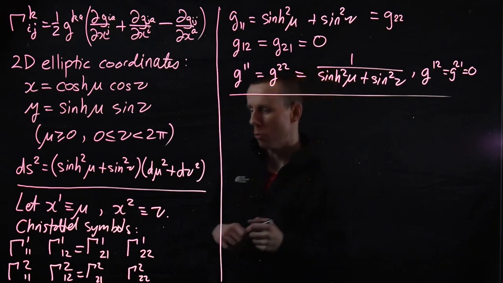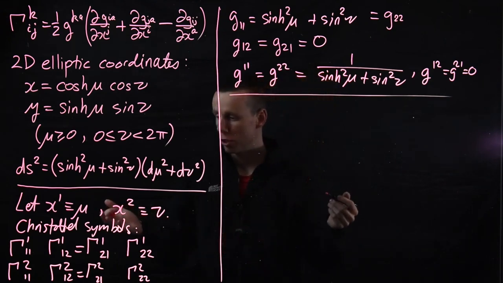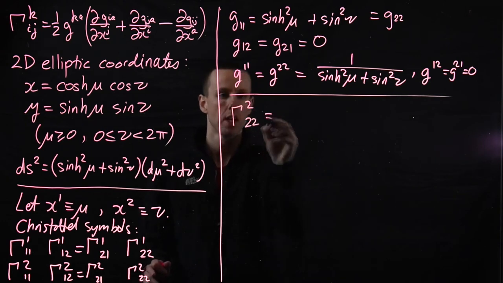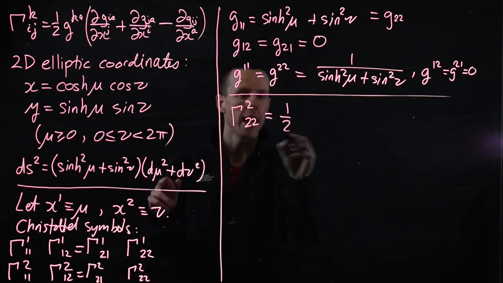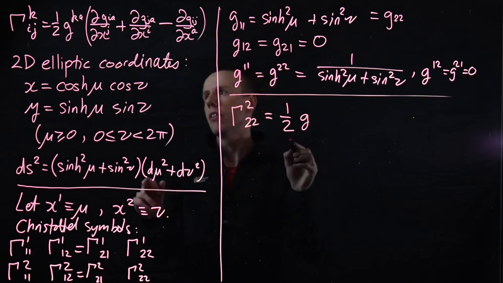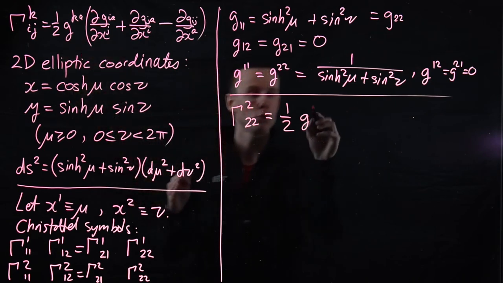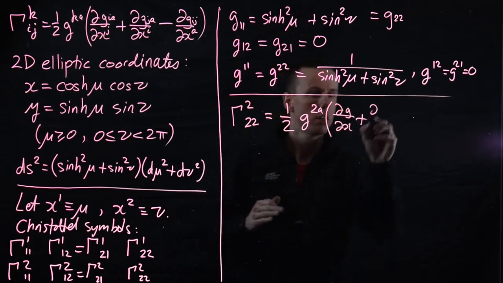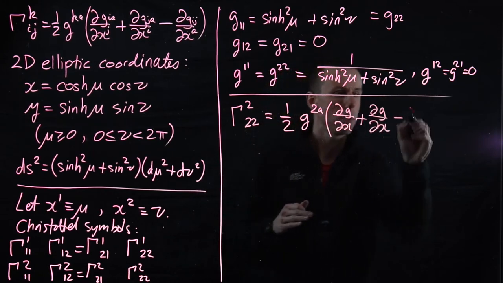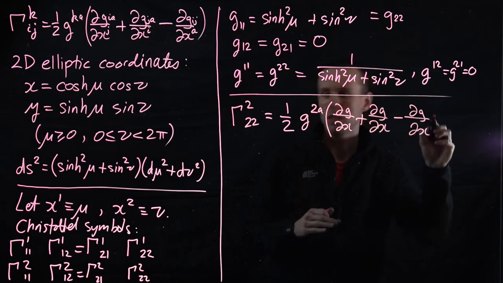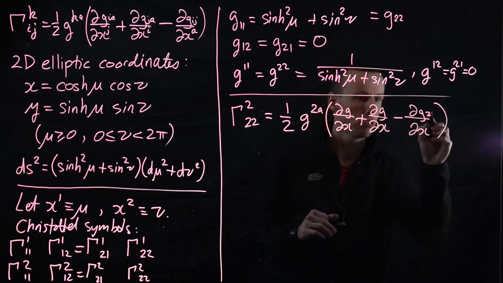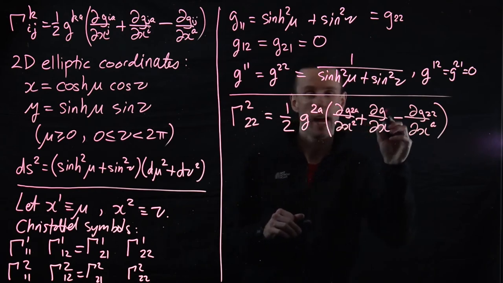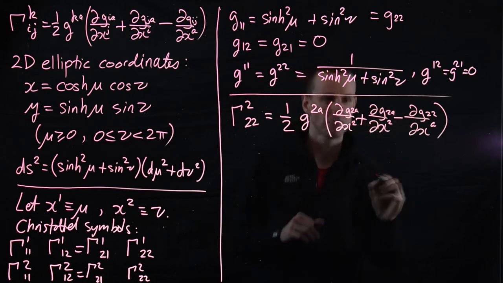Okay, and now let's do another one for good measure. So let's just do gamma 222, let's say. Okay, so again using this formula, that will be a half g, and then i, j and k all become 2, so you'll have 2a, and then you'll have dg/dx plus dg/dx minus dg/dx, and this will be 2a, and then you'll have 2a2 and 2a2 again.